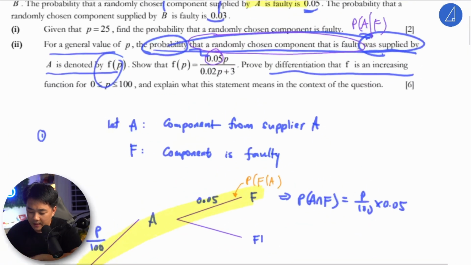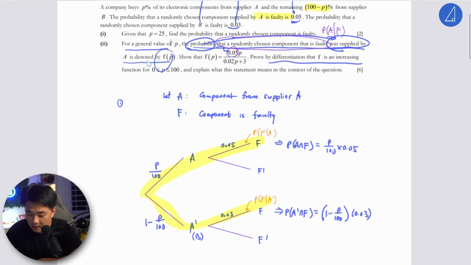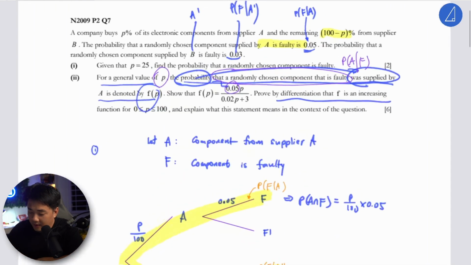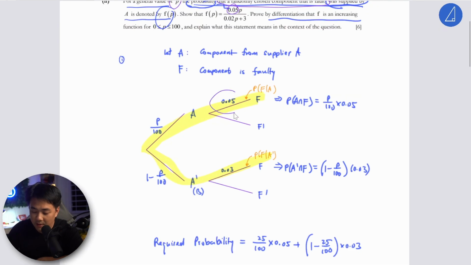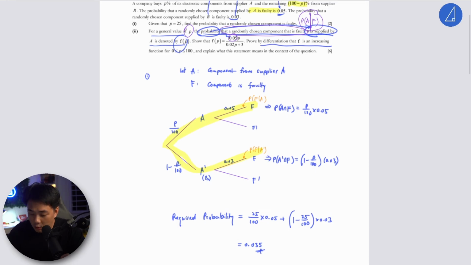The last part: explain what this statement means in the context of the question. Just take note that P is the general value, the proportion you're going to order from supplier A. So as P increases, P(A given F) will also increase, which makes sense because you have a 5% failure rate from A and a 3% failure rate from supplier B. So you should reduce the amount; if you can, you should go to supplier B instead of A. But sometimes you need to diversify the supplier; you don't want to put all eggs in one basket.